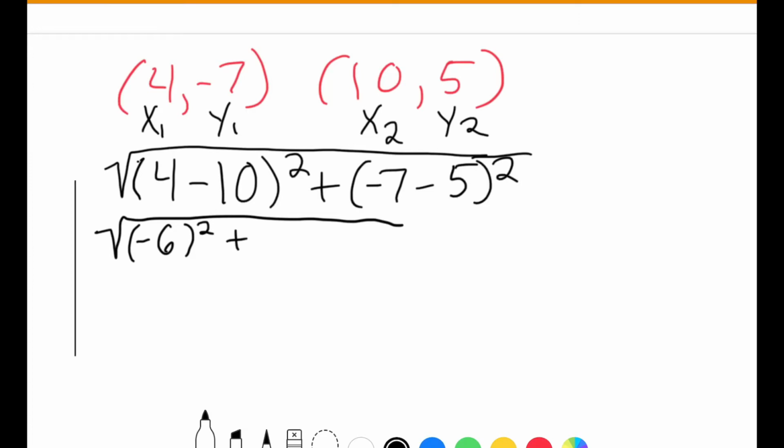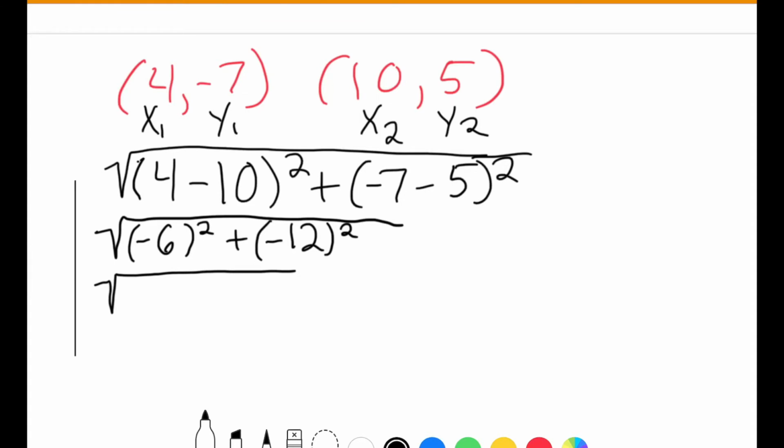Squared is there, plus, then we go to our next parentheses. -7 minus 5 gives me -12 squared. I keep going. My next thing I'm going to simplify is the squared.